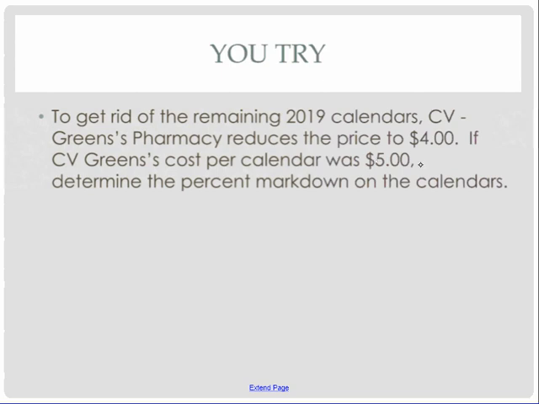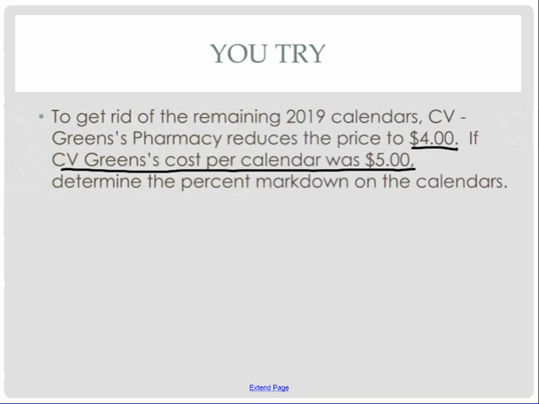And so even though they paid $5, CB Green's cost is $5, and they're going to ultimately sell them for $4. Yes, they're taking a loss. But they're only losing $1 per calendar now if they can sell them. Listen, if they don't sell any of these calendars, then they're going to be losing $5 per calendar. So a lot of times these companies will discount things just to try to get back any money that they can on some of these.